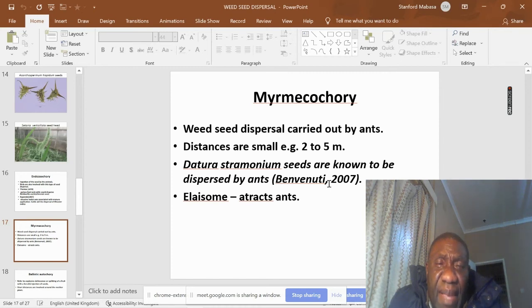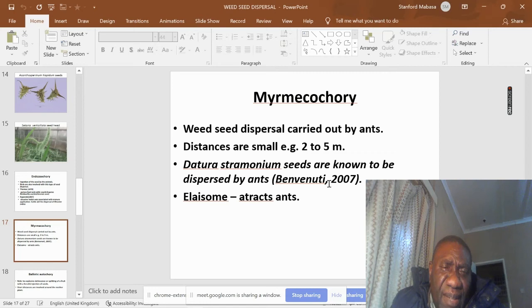Now, myrmecochory is the dispersal of weed seeds by ants. Small distances are involved, just about 2 to 5 meters. We have Datura stramonium seeds, which are known to be dispersed by ants, according to Benvenuti in 2007.